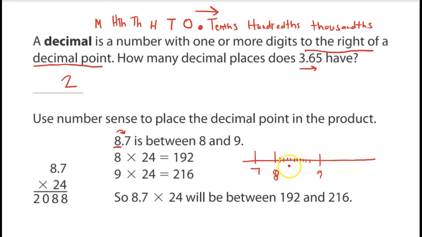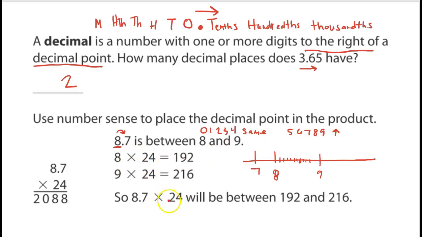Because 10 tenths equal what? 1 whole. So 8.7 is 1, 2, 3, 4, 5, 6, 7. It's about right there. So it's closer to 9 than it is to 8. We know that because, when we round, 0, 1, 2, 3, and 4 tell us to stay the same, and 5, 6, 7, 8, and 9 tell us to round up. So that's what they did here.